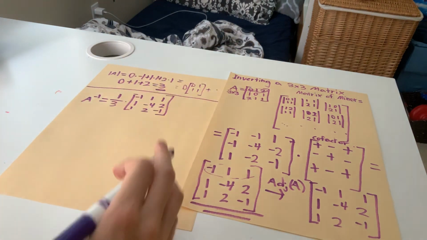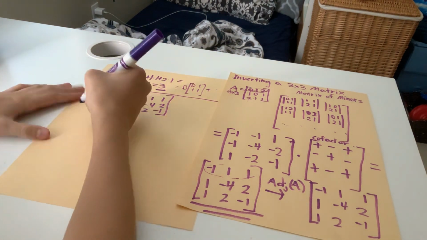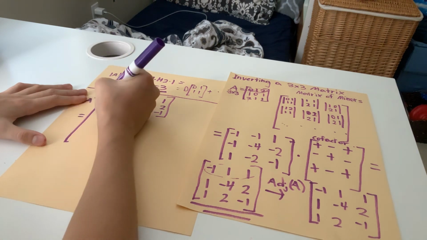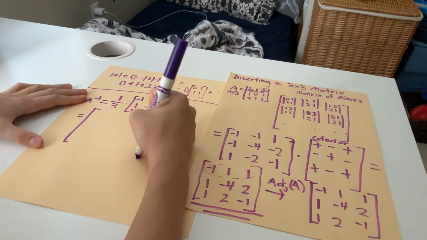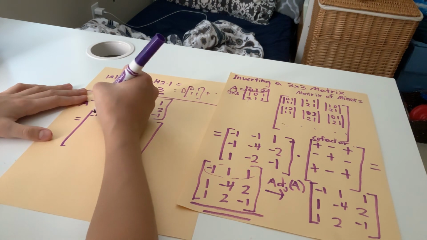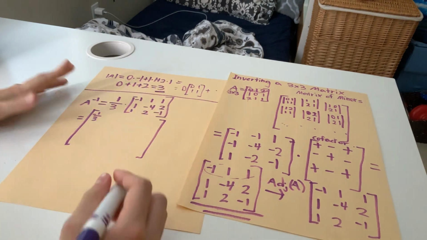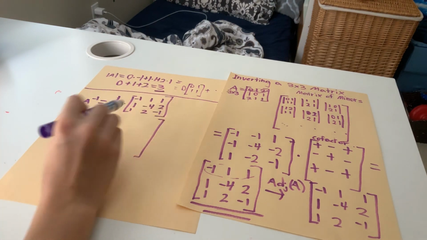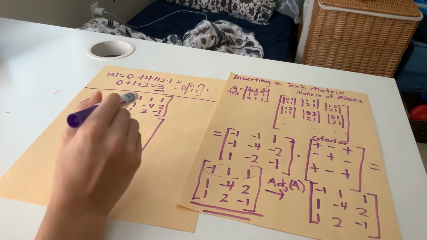And now we just multiply 1/3 by all these terms. Let's give ourselves a lot of room. So -1/3, right? We're just distributing. It's like the distributive property of matrices. Just distribute the 1/3 across all the terms in this matrix.